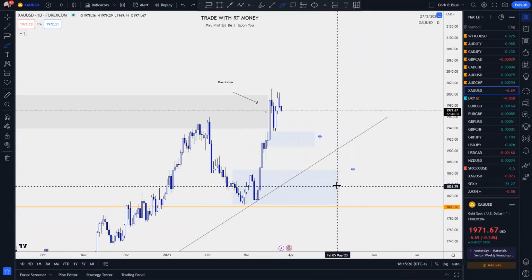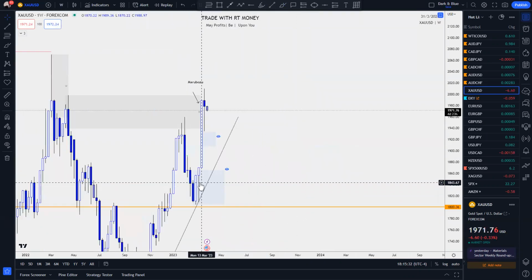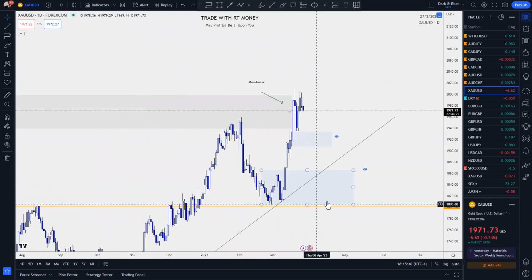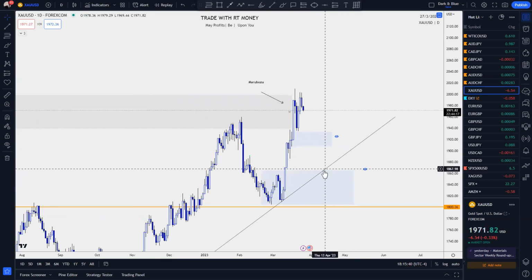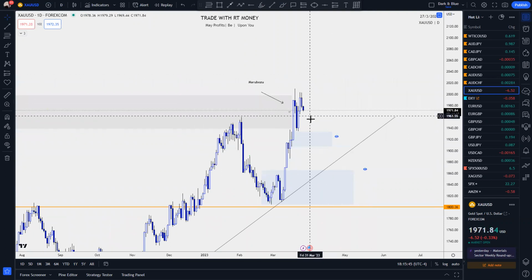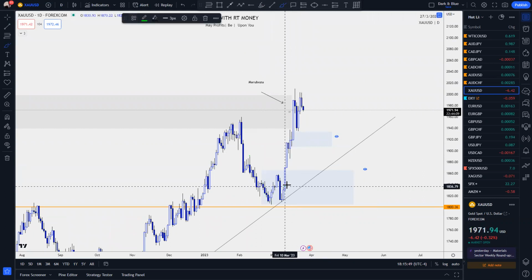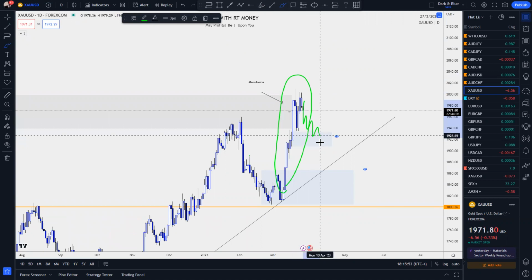This is a daily. Actually, I think this is a weekly demand zone. Yeah, it is. But if it comes down here, we have the confluence of the trend line and all of that good stuff. Because it's bullish, because this is a very impulsive move, we have to look for a pullback of some kind.